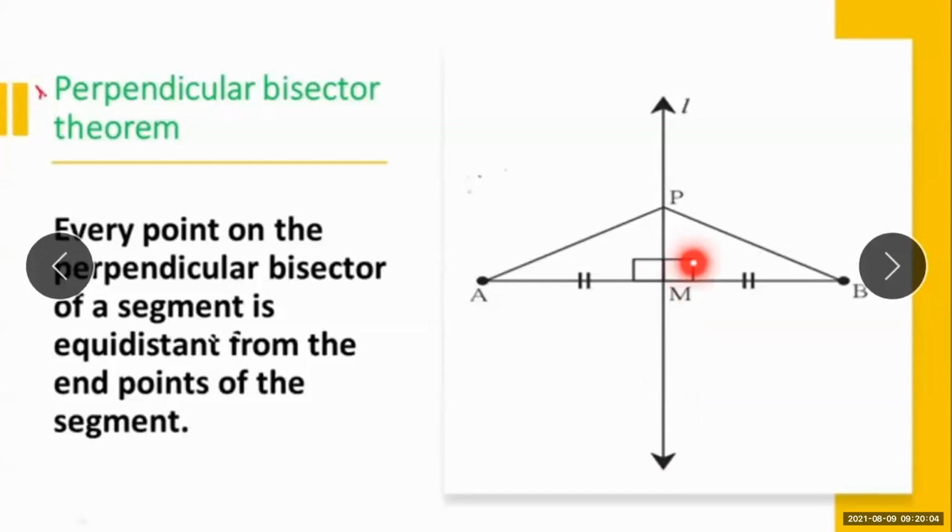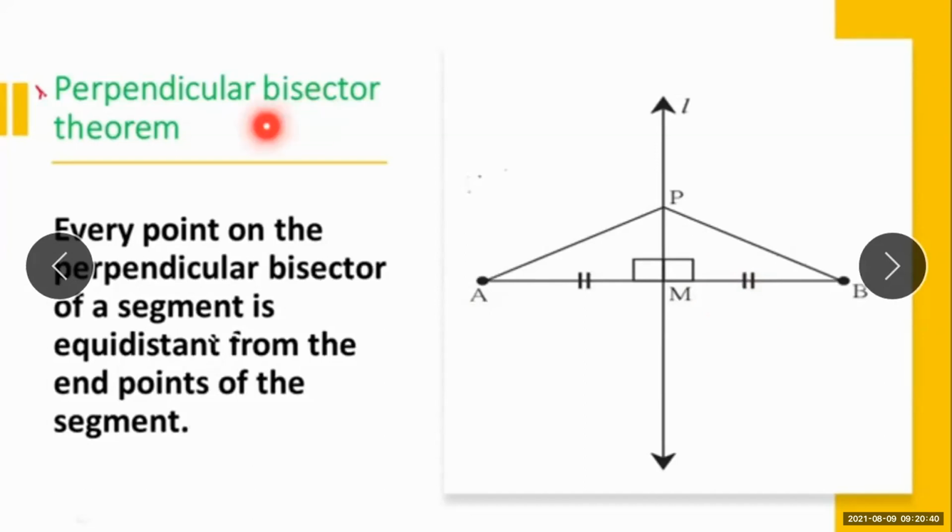And bisector means that the line divides the segment AB into two equal parts, shown by the congruency symbol. So line L is perpendicular and it bisects the segment AB equally.